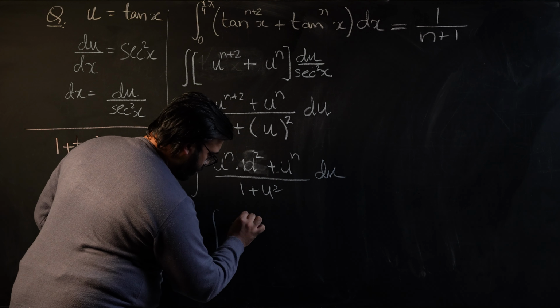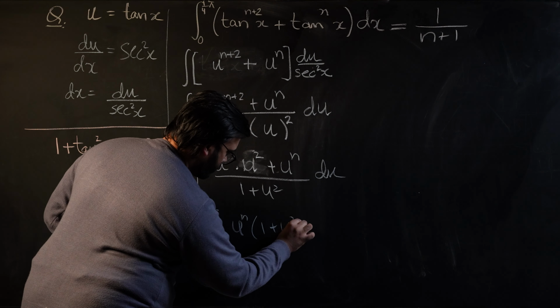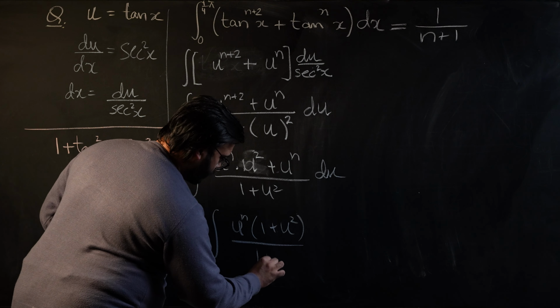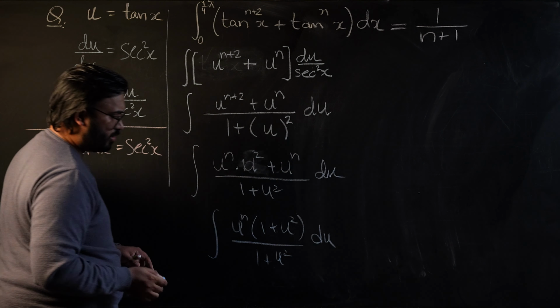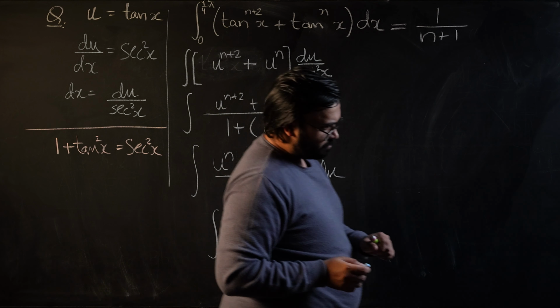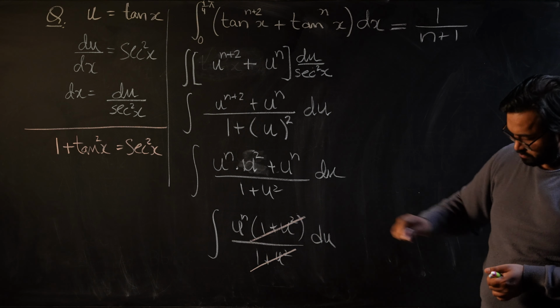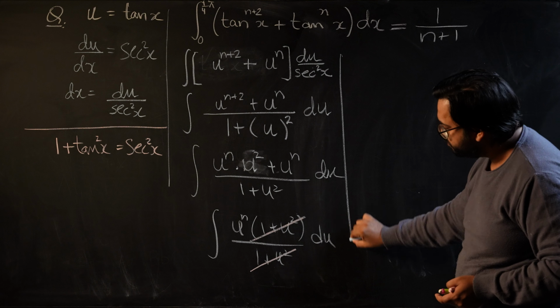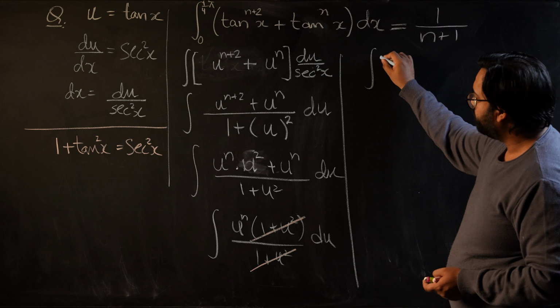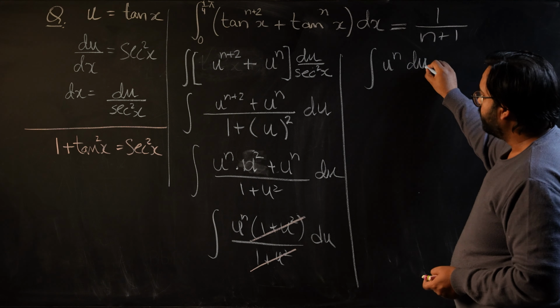So if I take u raised to power n common, it would be 1 plus u squared over 1 plus u squared. Here onwards, things are going to simplify a lot. If I take this fraction and do some simplification, we'll get rid of these two terms, and we are left with a very simple integration, which is u raised to power n du.